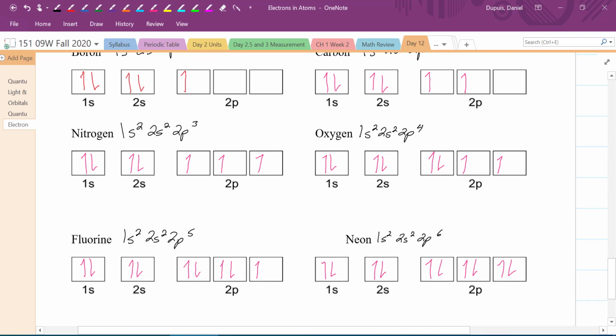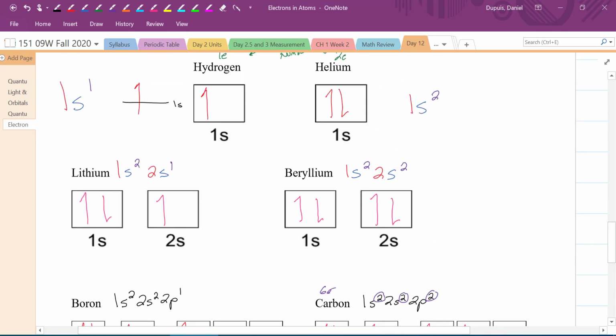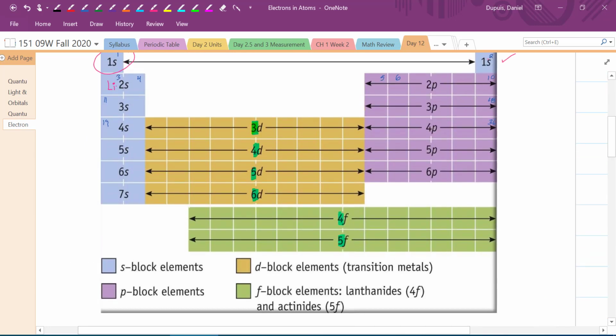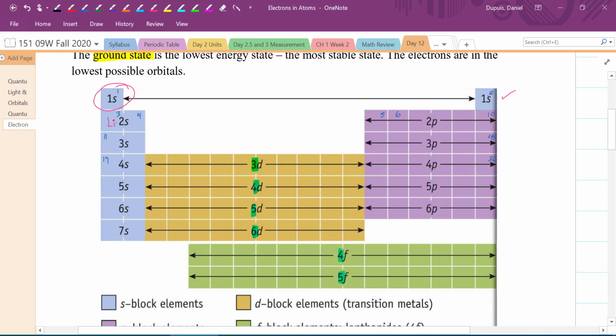And again, we talked about predicting behavior. So let's take a step back, deep breath. Are there any behaviors that we know when we look at the periodic table and these electron configurations? Well, you may not know this, but group 1 here, these are what we call the active metals.